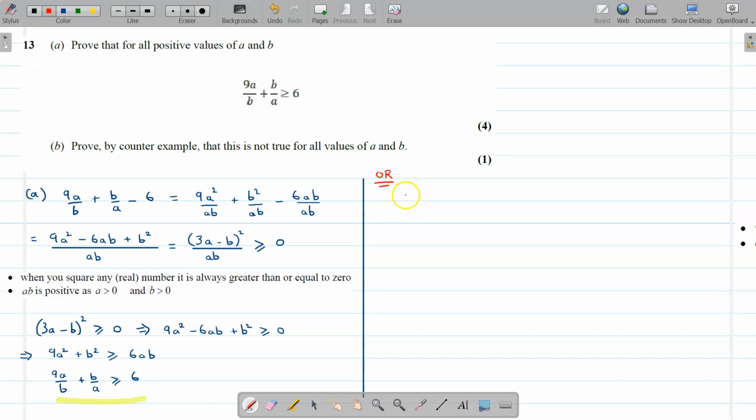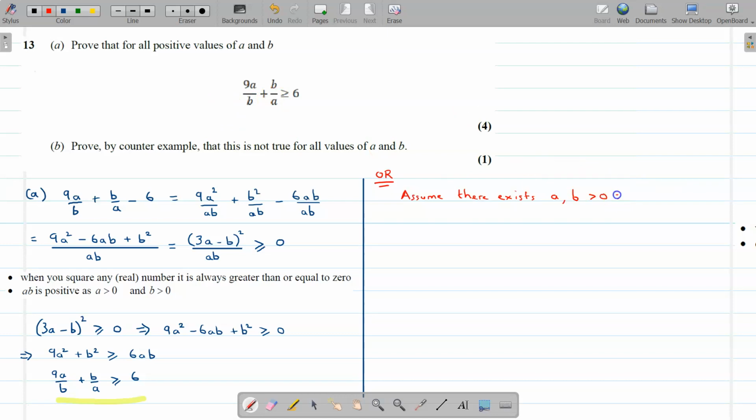I'm going to assume now that there exist values of a and b. Let's say there exist a and b greater than 0, such that the opposite of this is true.